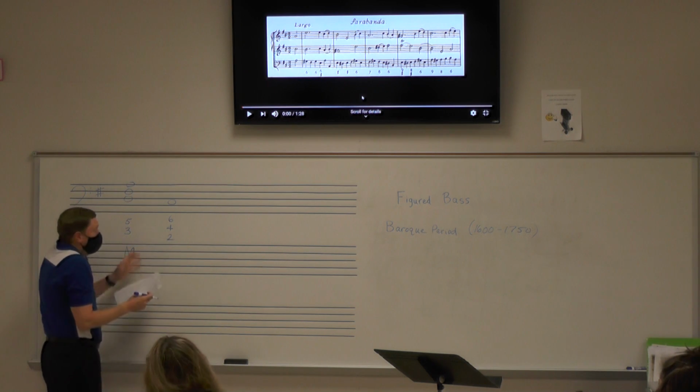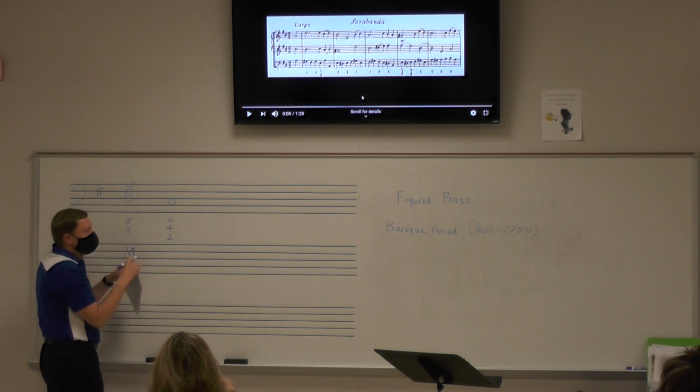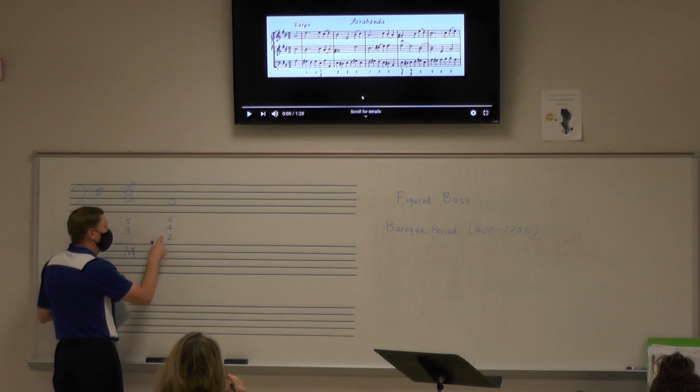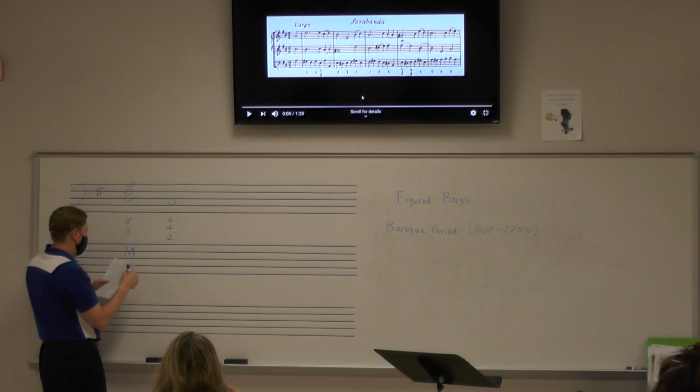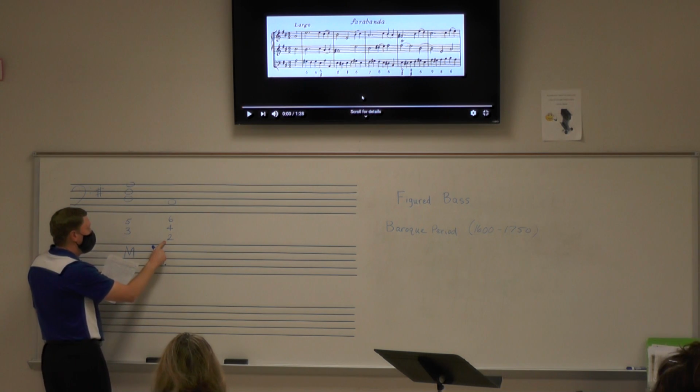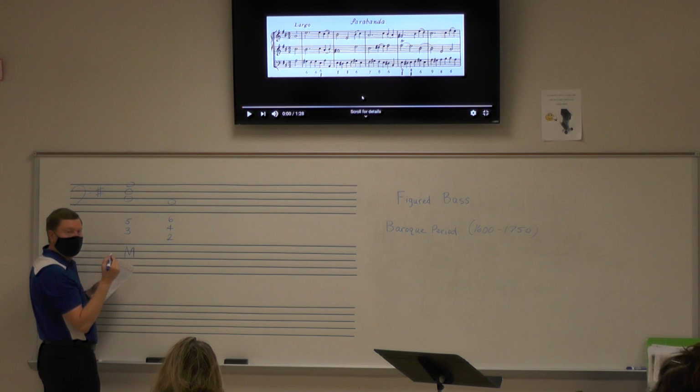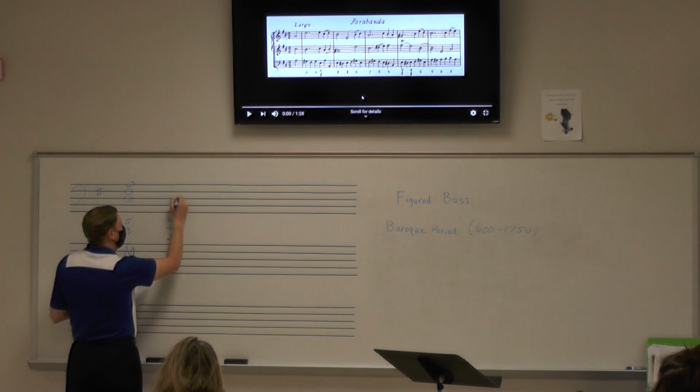Let's do this one. We have to pretend like we're back in the 1600s or the 1700s, and these numbers just refer to intervals above the bass. Okay, so what letter name or pitch is a second above the bass C? D. Okay.